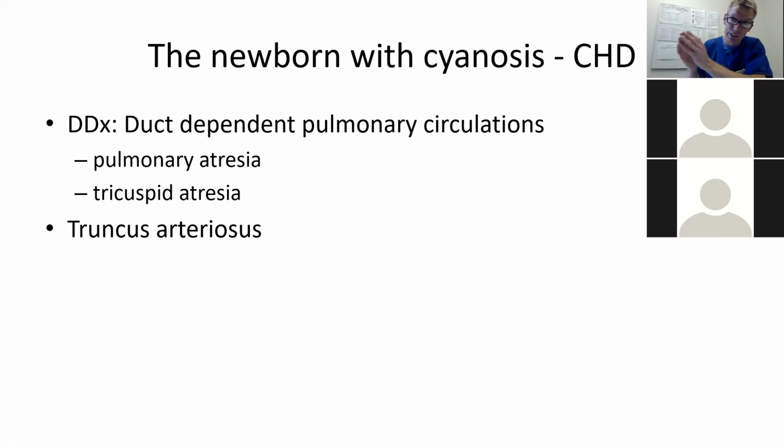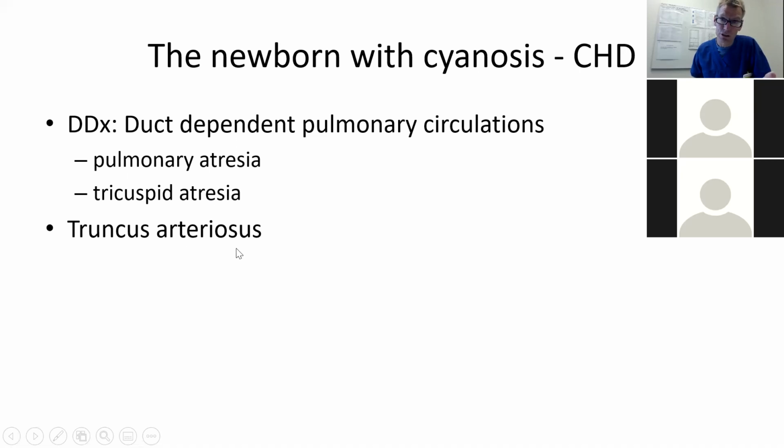Any of those things can lead to obstruction to left ventricular outflow tract, and any obstruction on the right side, be it pulmonary atresia or tricuspid atresia or Tetralogy of Fallot leading to infundibular hypertrophy, that will also lead to obstruction of the right ventricular outflow tract.